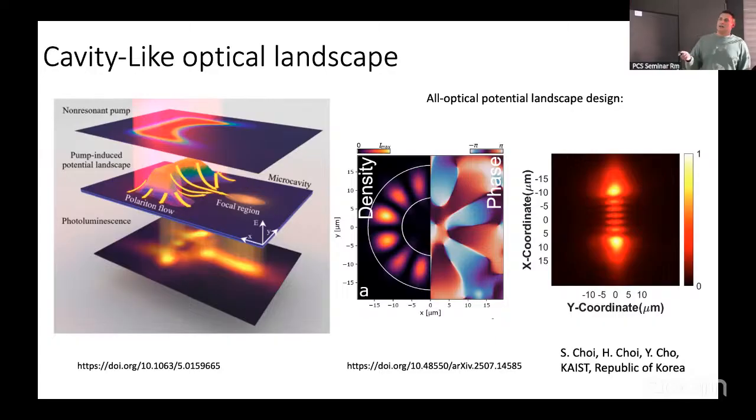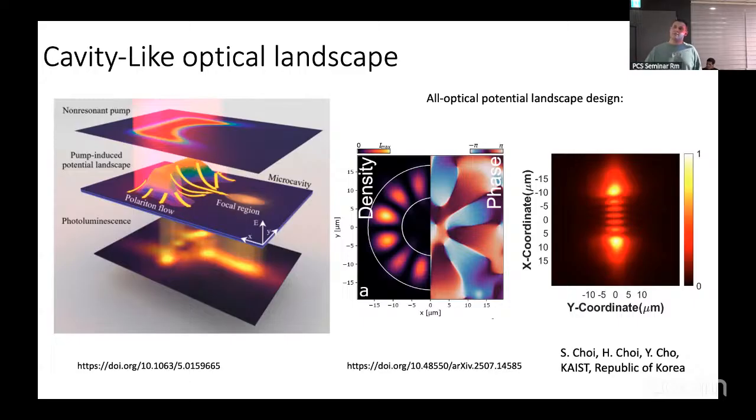As an example, I can show you several pictures. The first one is the one which inspired our work. We can consider a non-resonant pump which is shaped like a concave mirror.